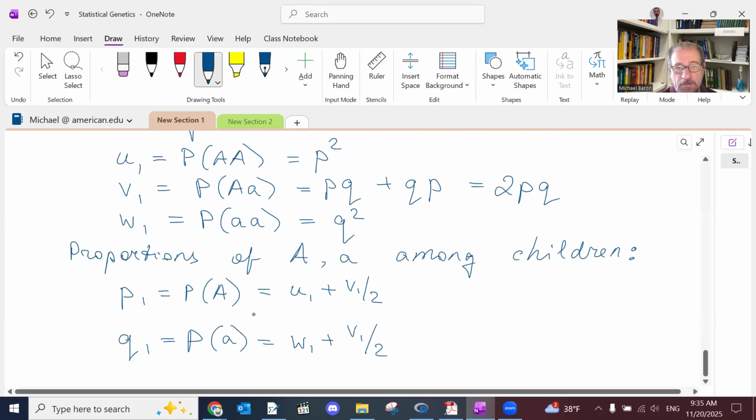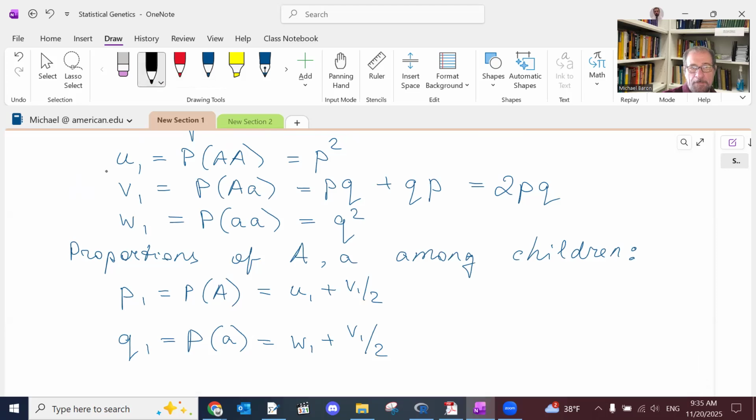Now we have formulas for U1 and V1. Why don't we use these formulas? So here is a formula for U1, and here is a formula for V1. Let's plug them in. What do we get?